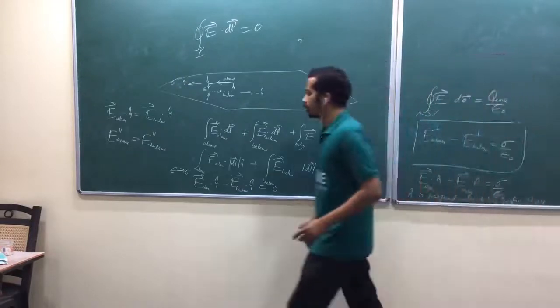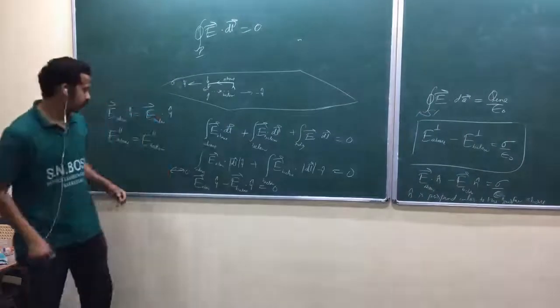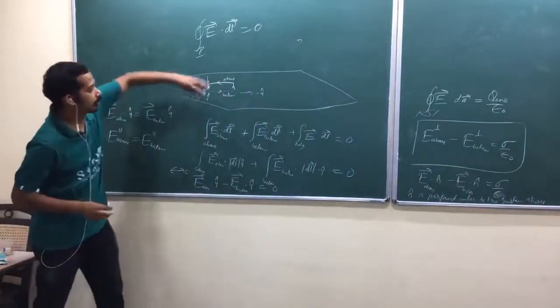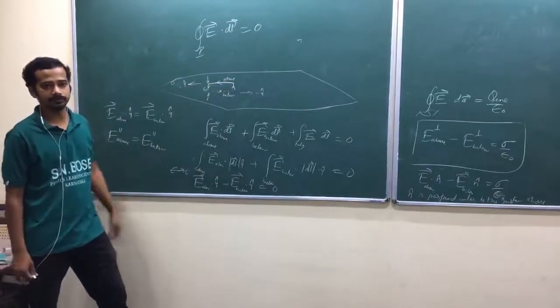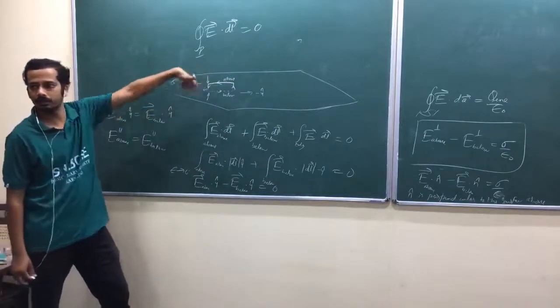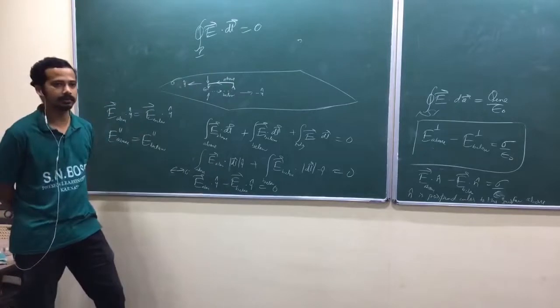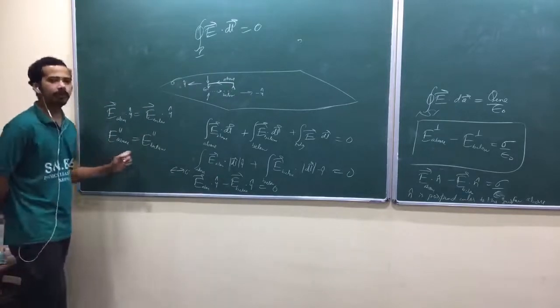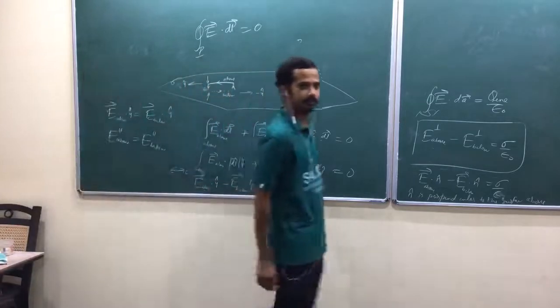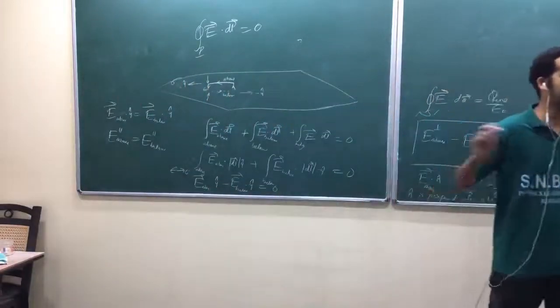This result is irrespective of the orientation of your path. You can just rotate this one and you will get the same answer, isn't it? So this is true for all parallel directions.